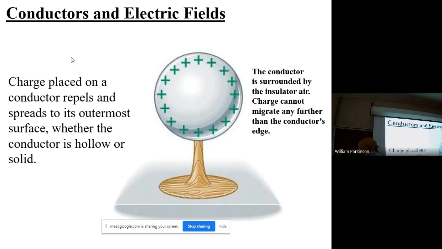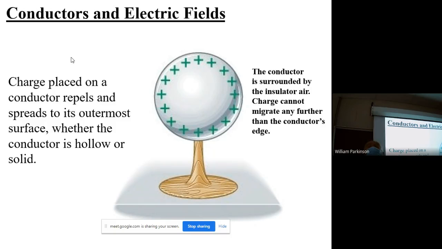And what they will do is literally run away from each other as far as they possibly can. So they will run away from each other to the outermost edge of the object. So when you charge any conductor, and it's a big conductor so that there's plenty of space for the charge to migrate, essentially instantaneously, all the charge will migrate to the outer edge of the conductor.